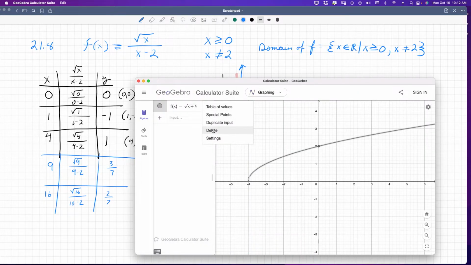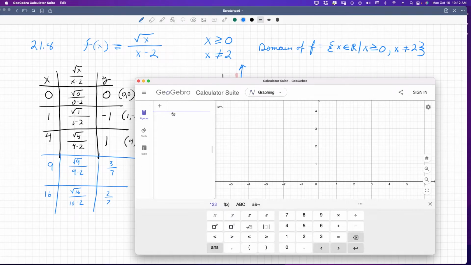I'm going to delete this, and then I'm going to type in square root of x divided by, let me back up. Nope, I haven't typed this in yet, so let's see.